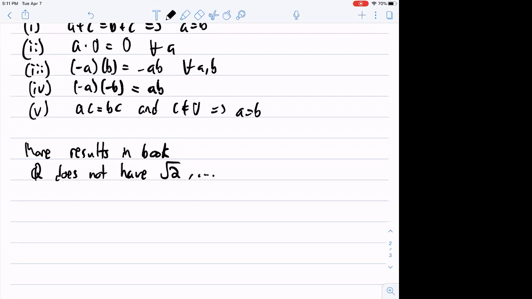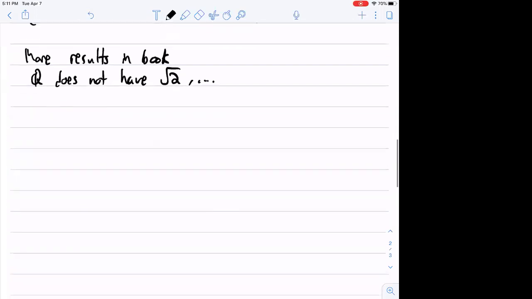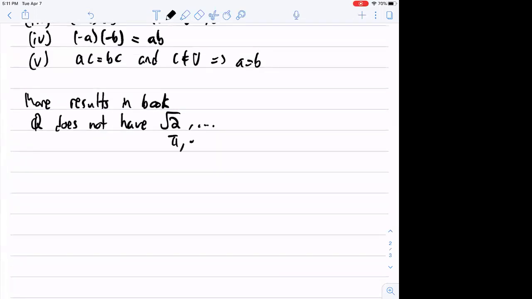Since we all know what R is, similarly we can easily say Q does not have numbers like pi and e. These are infinite decimals. Q is of the form M over N, where M and N are integers. If you divide out and write the decimal expansion, it either terminates or repeats. So these are examples of decimals that don't repeat and don't terminate.